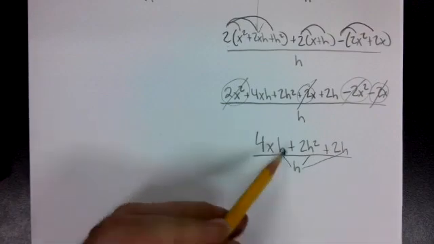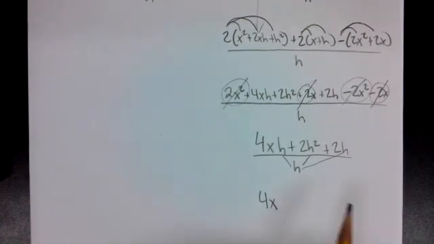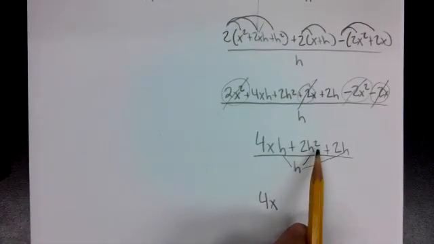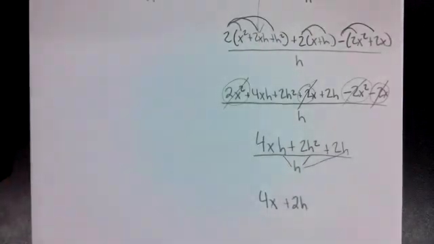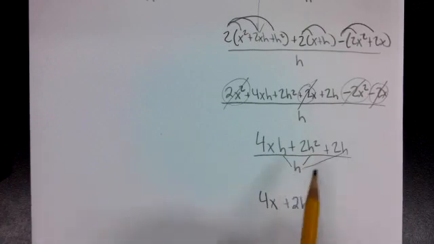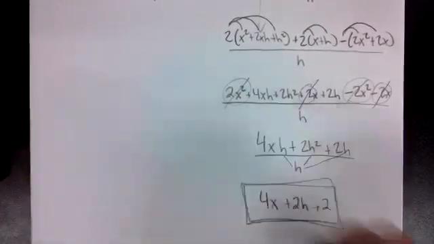So h divided by h is gone, so that's just a 4x. This 2h squared, the fact that we had an h squared, only one of those goes away. So that's going to leave me with a 2h. And then this h and this h cancel each other out. That's going to leave me with 2.